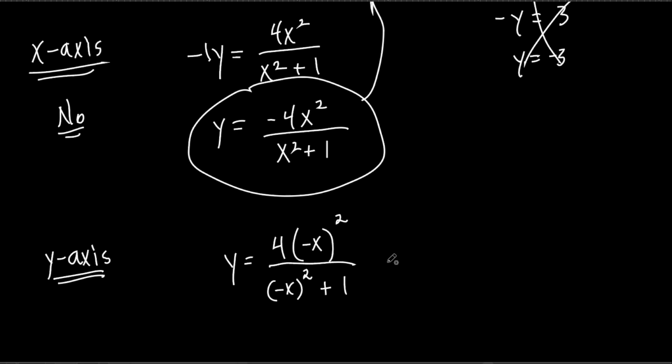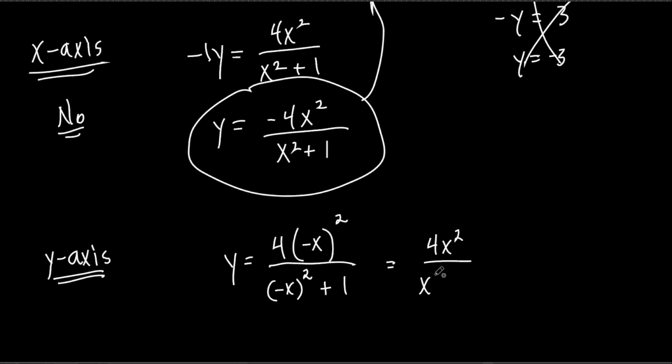Now, let's simplify. Well, what's negative x squared? It's still just x squared, isn't it? Because when you square a negative, negative times negative is what? A positive. So it's still 4x squared. Kind of looks like that, doesn't it? Does it do the same thing down here? Absolutely. What's negative x, that quantity squared? Negative x times negative x is positive x squared.